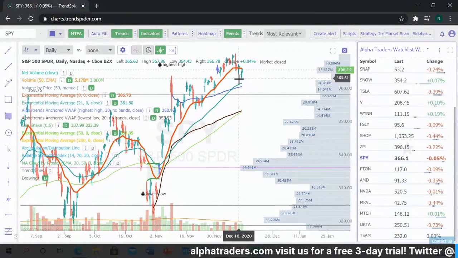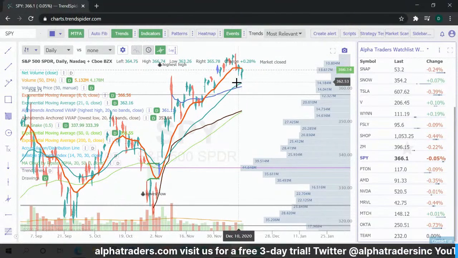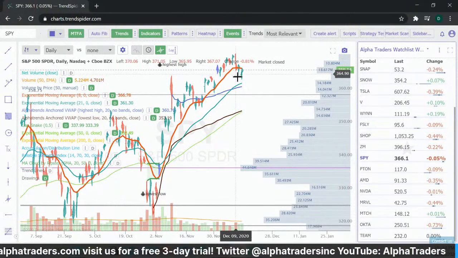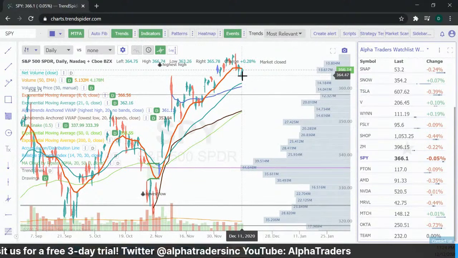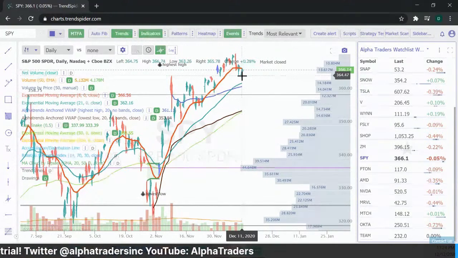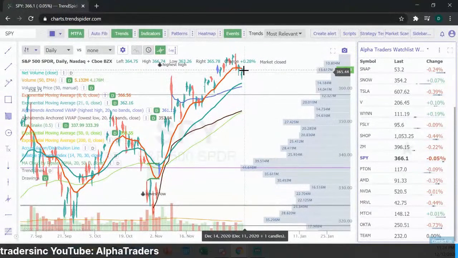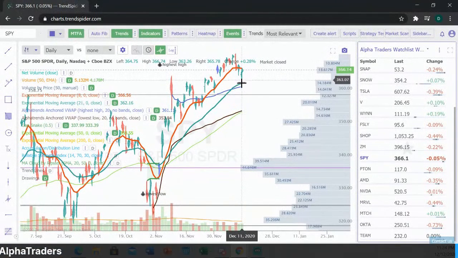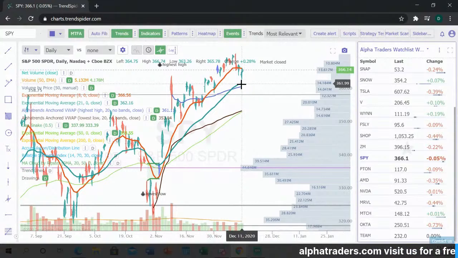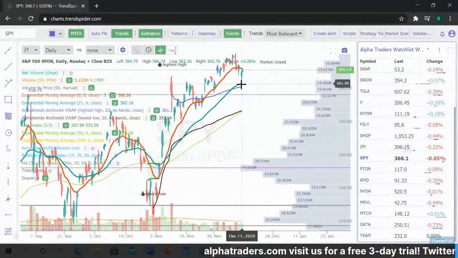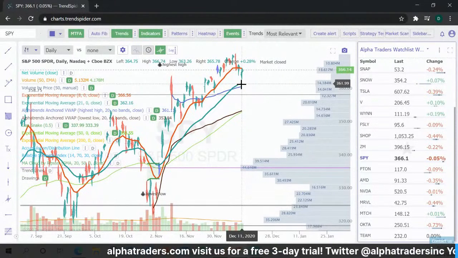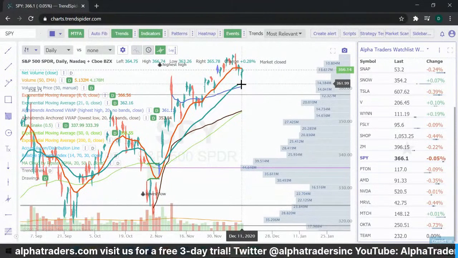You have these series of lower lows. You have the 8-day now that's pretty much hanging on for dear life. It's below it now. So do we touch the 21-day? That's roughly 36.20. That is one of my big levels on SPY.